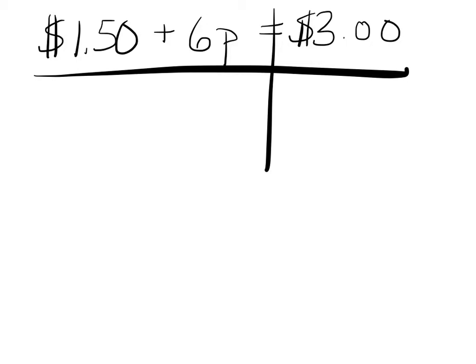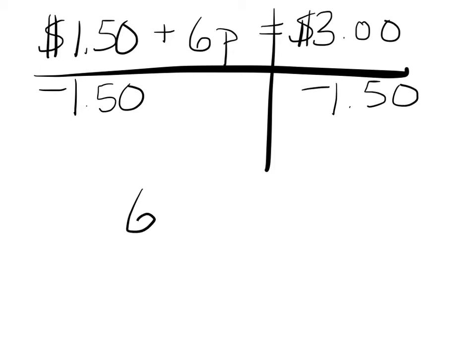Now, I want to get the pencils on one side and the money on the other. Since I have pencils and money, I still have to get rid of this money right here. So, to get rid of $1.50, I have to subtract $1.50. And then I have to do the same on this side to keep it equal. So now it should look like this.